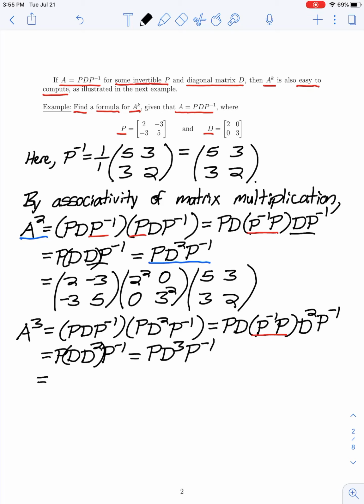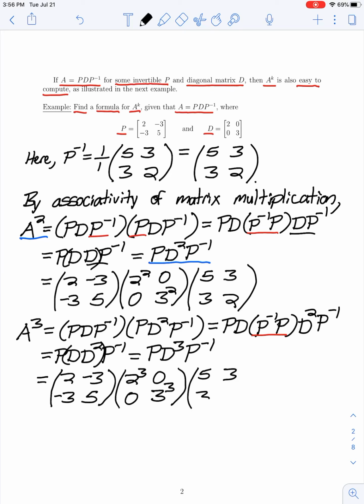Or if I write this out explicitly, P was the matrix 2, -3, -3, 5, times D cubed, which would be the diagonal matrix where the diagonal entries are 2 cubed and 3 cubed, times P inverse, which was 5, 3, 3, 2. So for A squared, it was equal to P D squared P inverse, and for A cubed, we found that we could take P D cubed times P inverse.